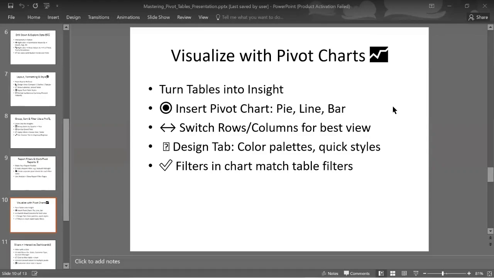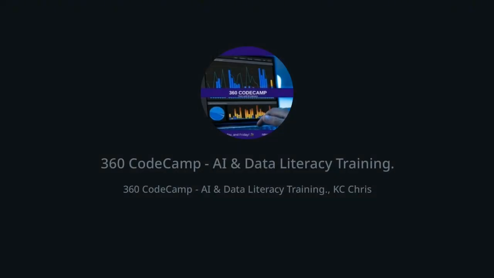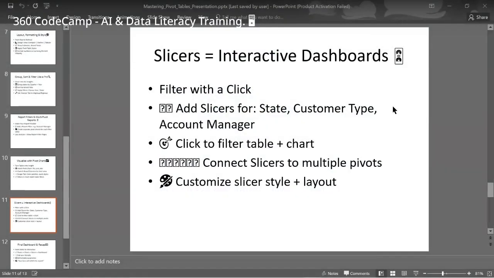Then slicers. This is where, if you are working with your colleagues, or you want your colleagues or even one of the stakeholders to explore your data, you can add slicers. It will help them interact with your dashboard without having to tamper with any of the charts or the data set itself.